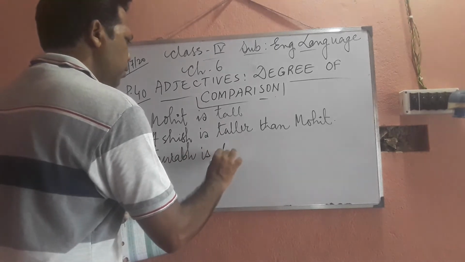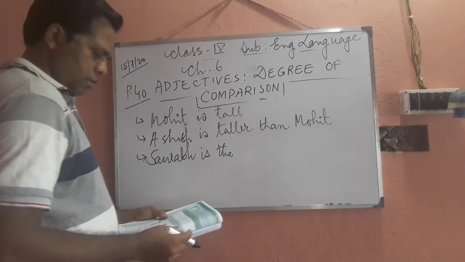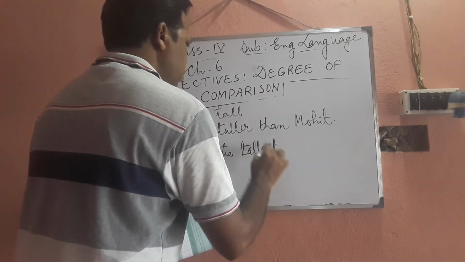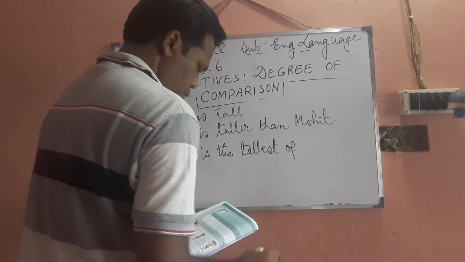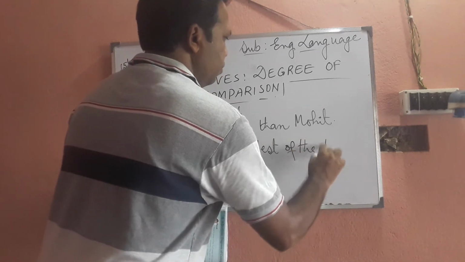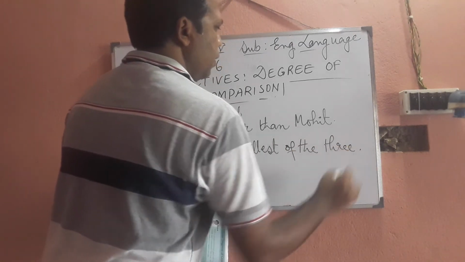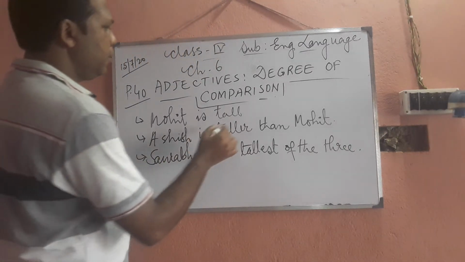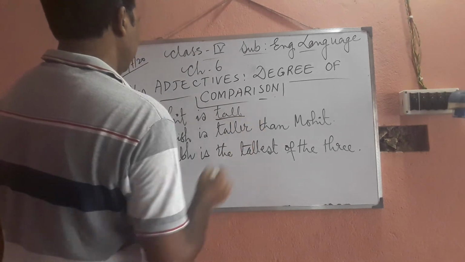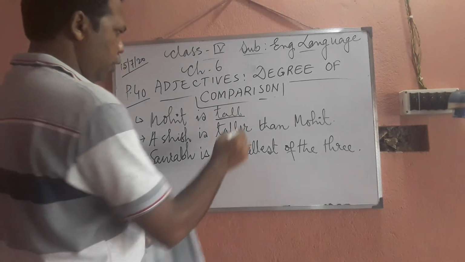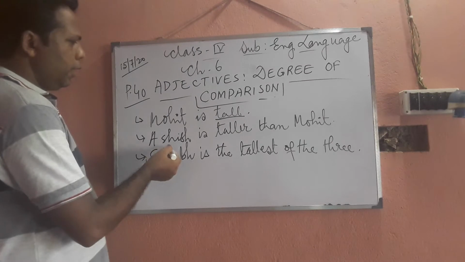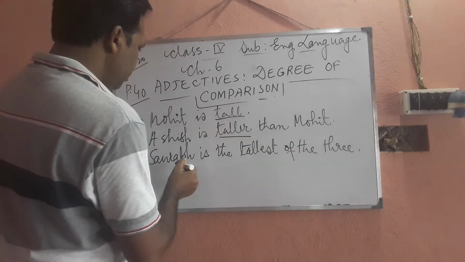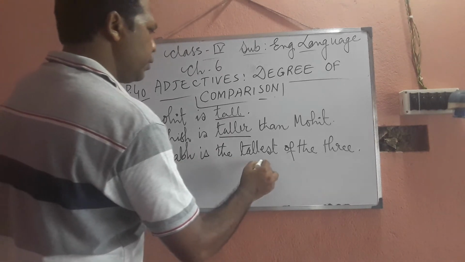Now see, in these sentences: Mohit is tall. Ashish is taller. Then Saurabh is tallest of them all.